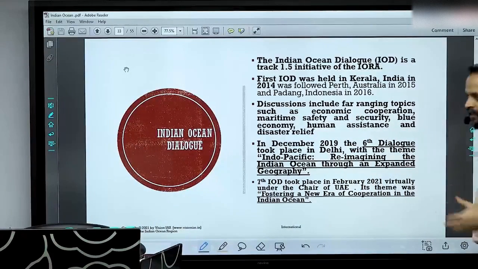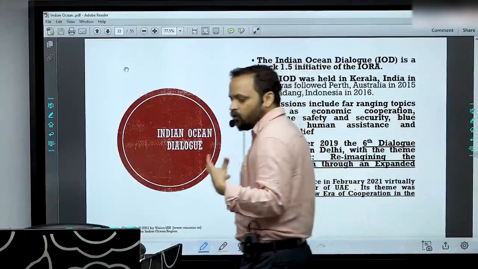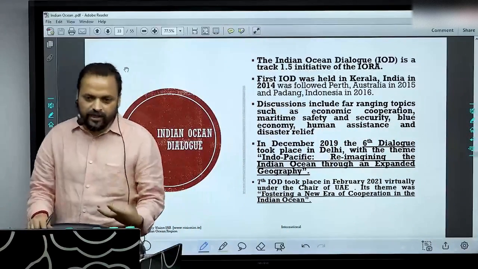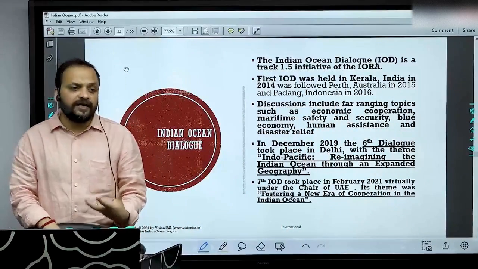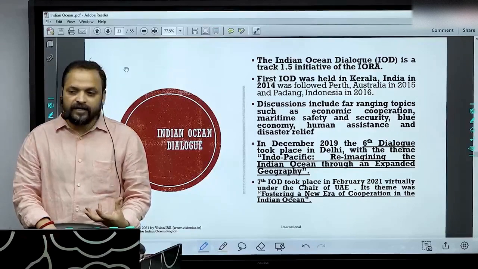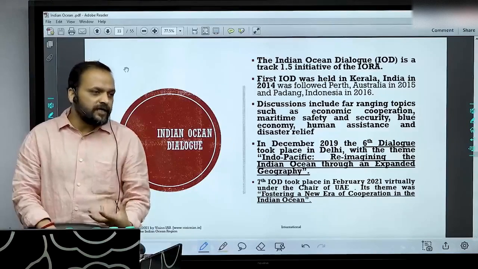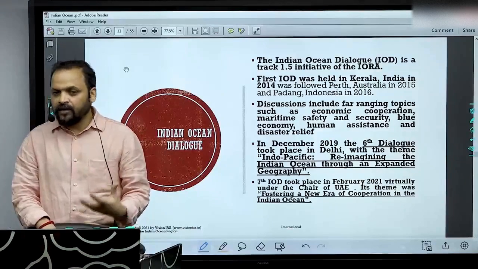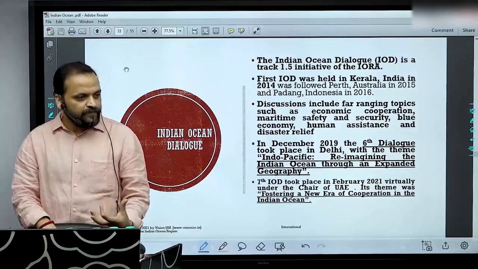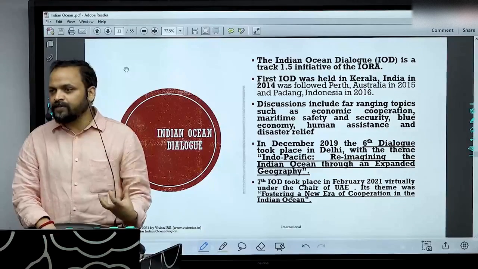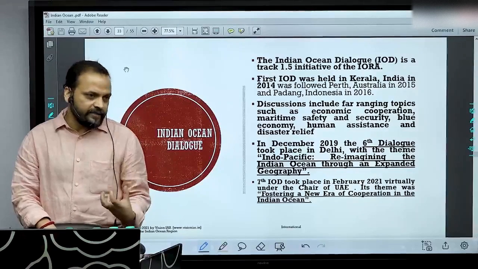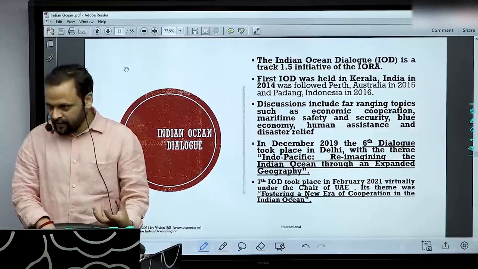Now this is the Track 1.5 initiative of Indian Ocean Rim Association, IOD, which means what? This is a way of Indian Ocean Rim Association promoting regional understanding by inviting major stakeholders, governments as well as civil society agents, university, academias, think tanks, and generally the purpose is to generate ideas, right?